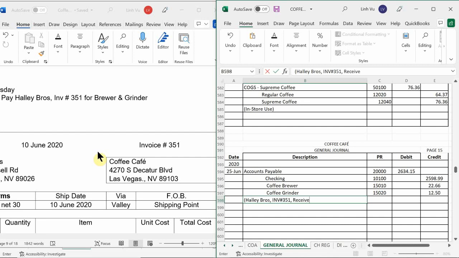We received our 1% discount, and we used check number 1525. Okay.